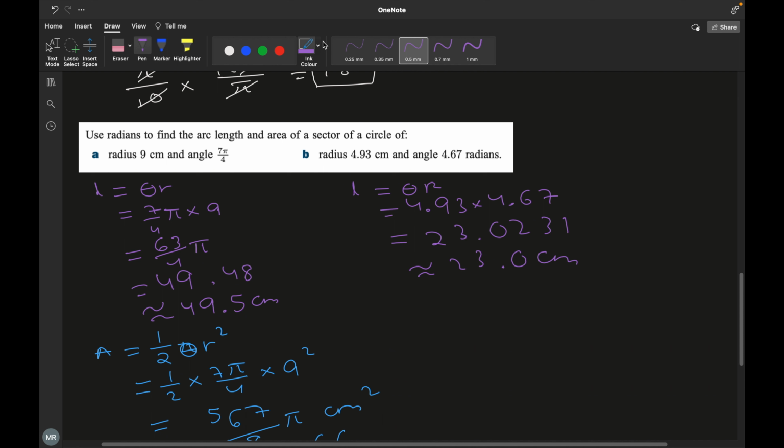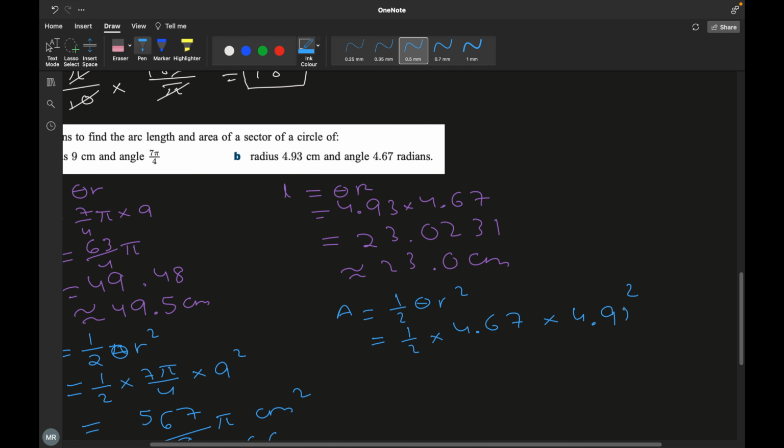Now let's find the area. We use the same formula, A equals half theta r squared. So half into 4.67 into 4.93 whole squared. Now let's plug this into the calculator.